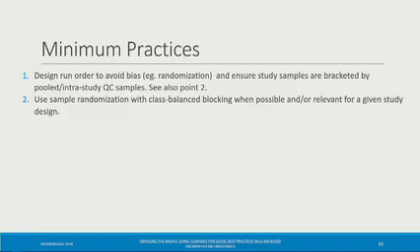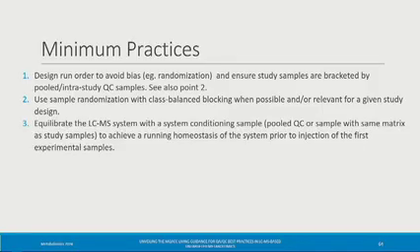Again, as a minimum, use sample randomization with blocking when and where possible or where it makes sense to do so, again, to minimize biases in your results due to the run order of your samples. Again, equilibrate your LCMS system and ensure that it is all stable before you start running your actual real experimental samples.